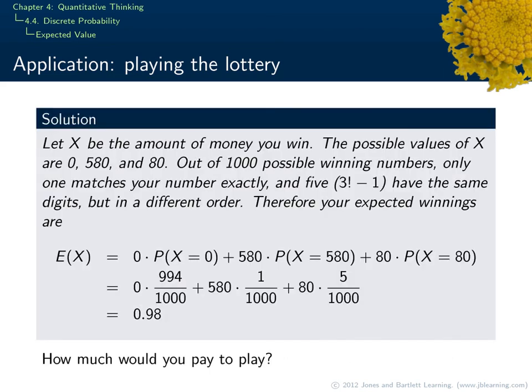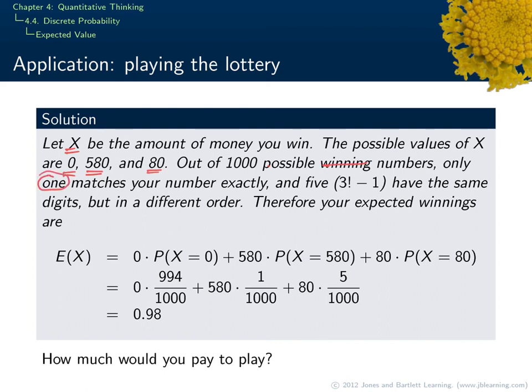Okay, here we have an example involving expected value. So our random variable is going to be the amount of money that we win in this lottery game. And remember, the possible outcomes are you win nothing, or you win $580, or you win $80. So out of the 1,000 possible numbers, there's only one that matches the number that you've selected.